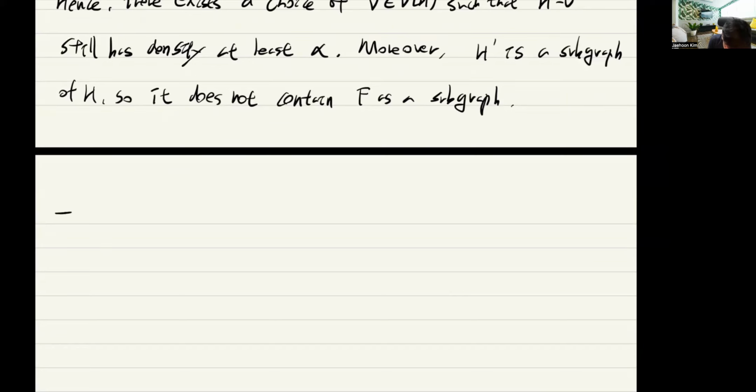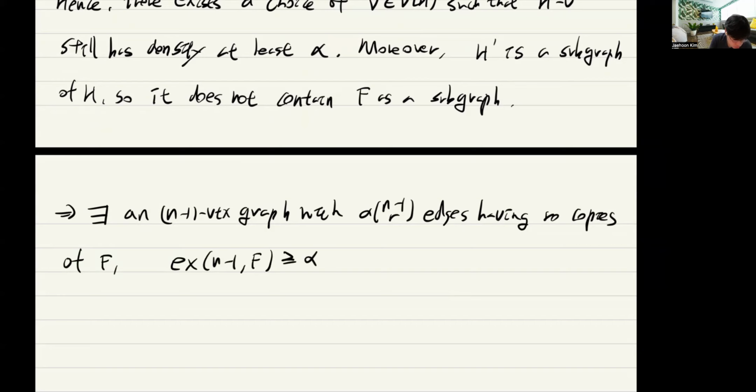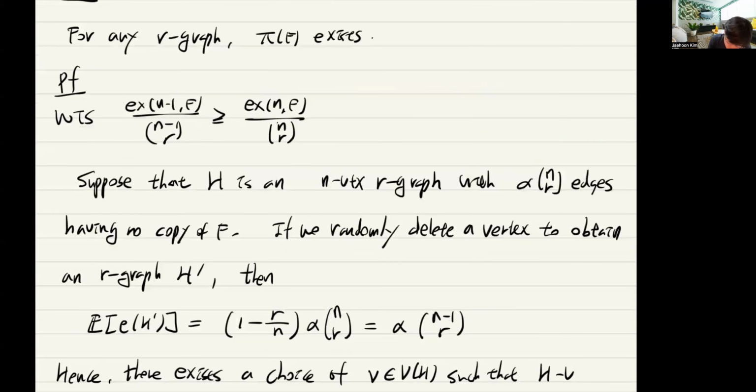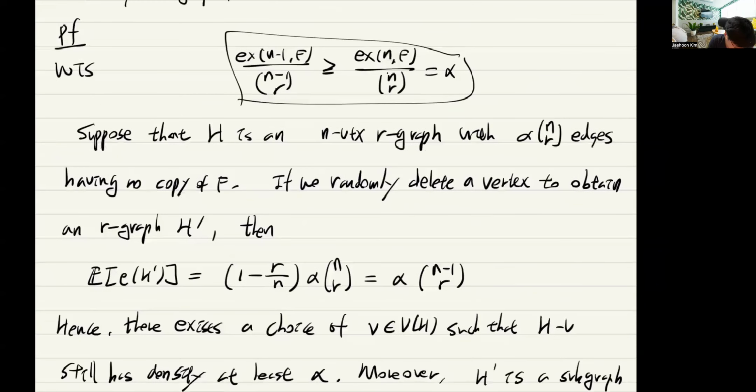That means there exists an n minus 1 vertex graph with alpha times n minus 1 choose r edges having no copies of F. Thus, this shows that this is bigger than alpha, so we actually show that this is non-increasing.